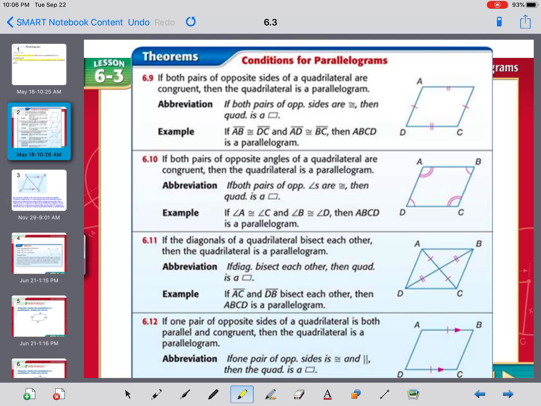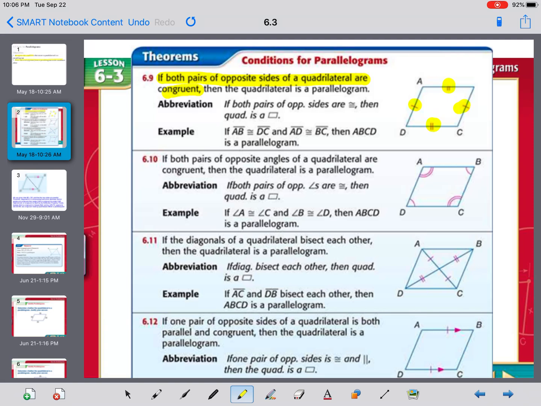Here are some conditions for parallelograms. You're probably not going to be surprised by most of these because it's stuff you've seen before in elementary school, pre-algebra, and so on. It says if both pairs of opposite sides are congruent, then it's a parallelogram.